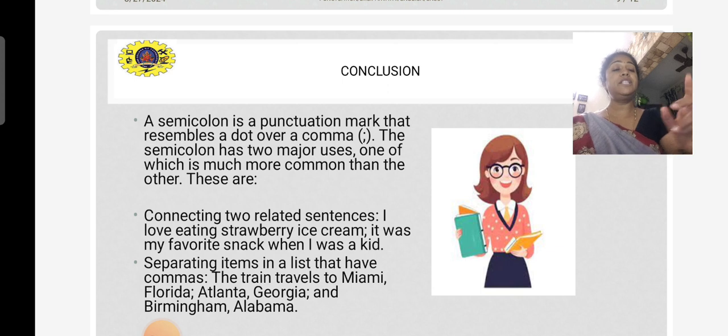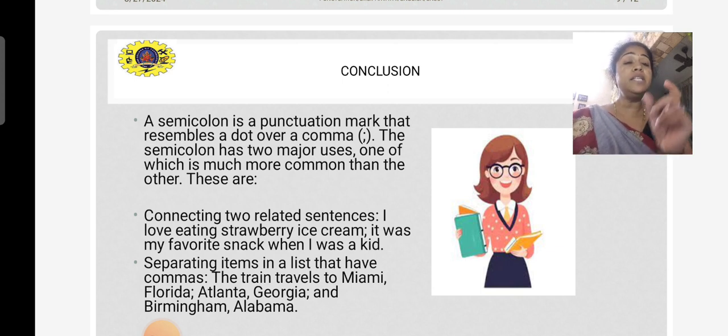Look at this here: I love eating strawberry ice cream, and you are relating it to the other sentence, it was my favorite snack when I was a kid. So you're giving a connection between these two related sentences.